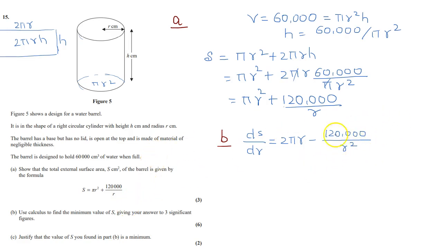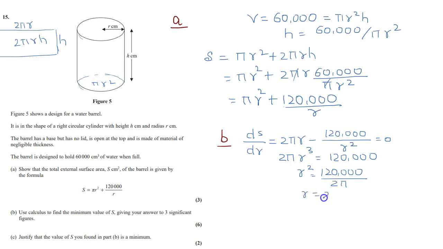And for maximum or minimum, dS over dr is equal to 0. So we multiply here, so it is 2 pi r cube is equal to 120,000. So r cube is equal to 120,000 over 2 pi.